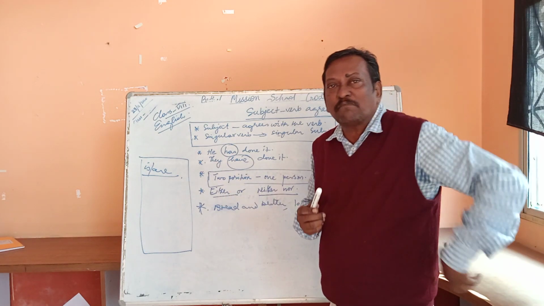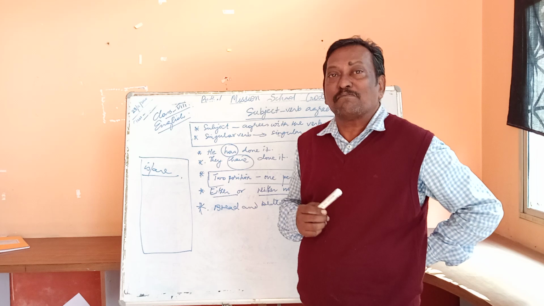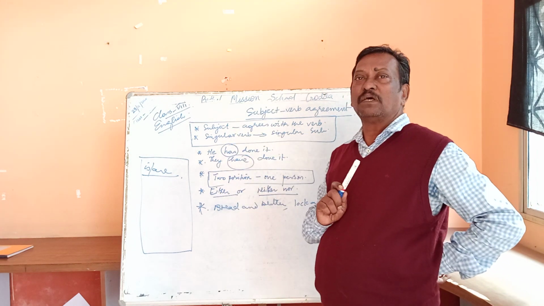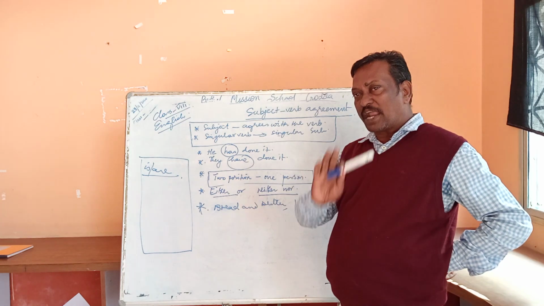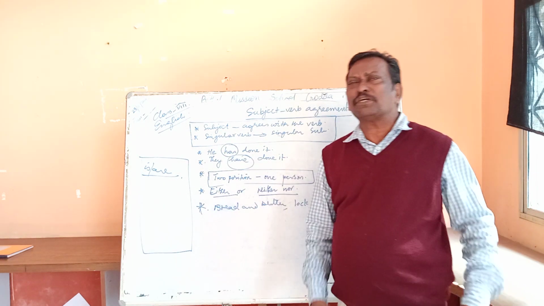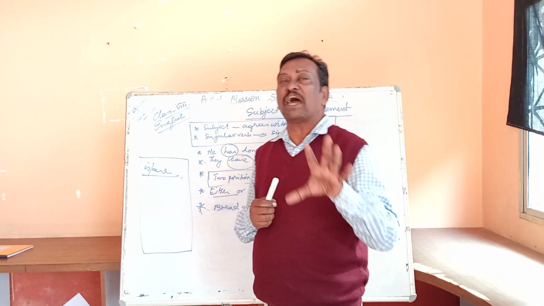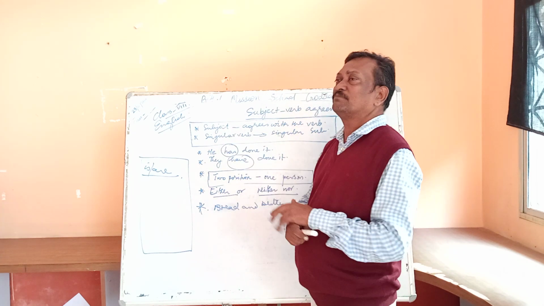That is actually the backbone of grammar or backbone of any language, the subject and the verb. The verb talks about an action and the subject talks about who is performing that action. So the doer of the action is the subject.